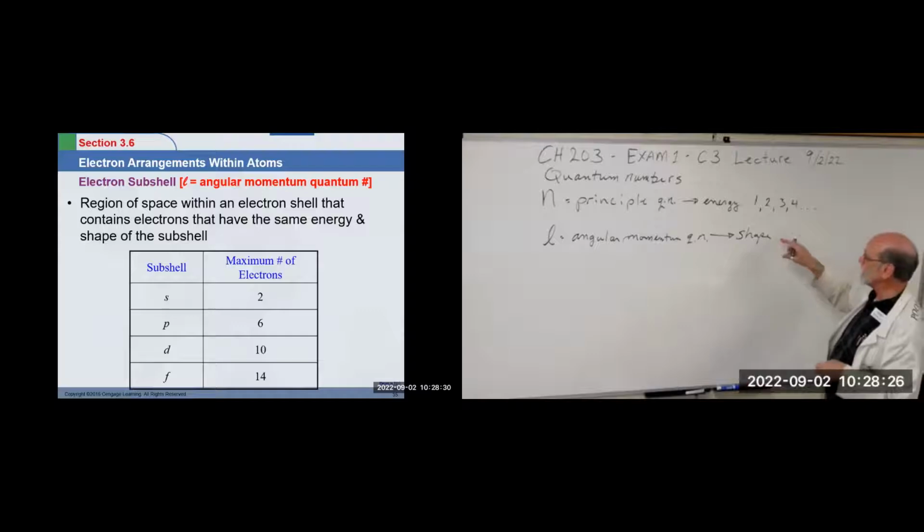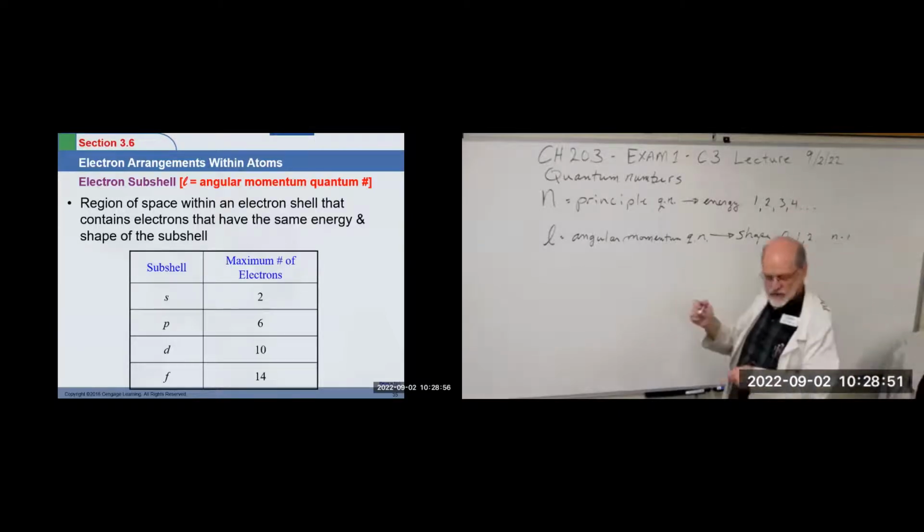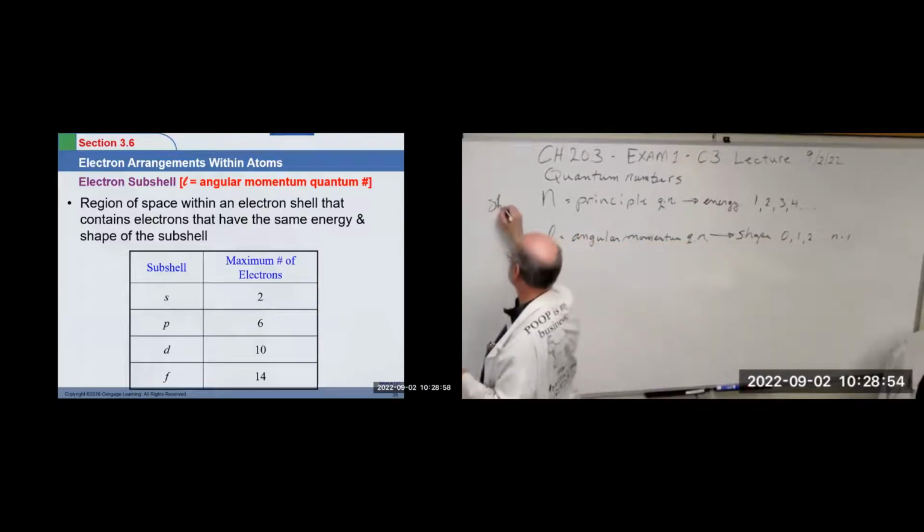L can have values starting with 0, 1, 2, up to n-1. So if you have an n of 4, you can have L possible numbers in that shell. All right, let's use their terminology here. This is the shell, this is the subshell.